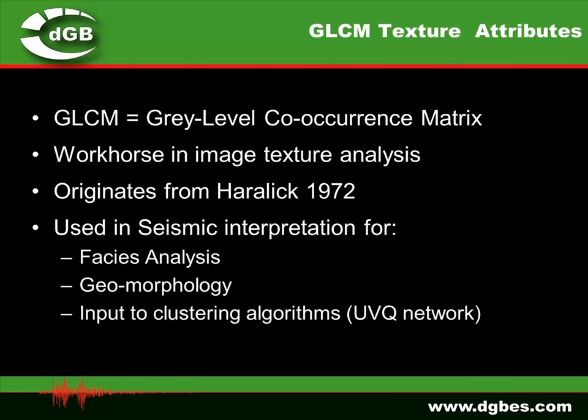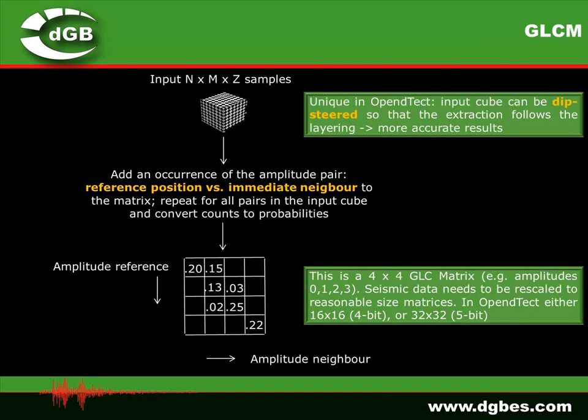The texture attributes are based on the gray level co-occurrence matrix, GLCM, also called the gray tone spatial dependency matrix. The GLCM describes the spatial relationship between the pixels. So here is how it's defined.